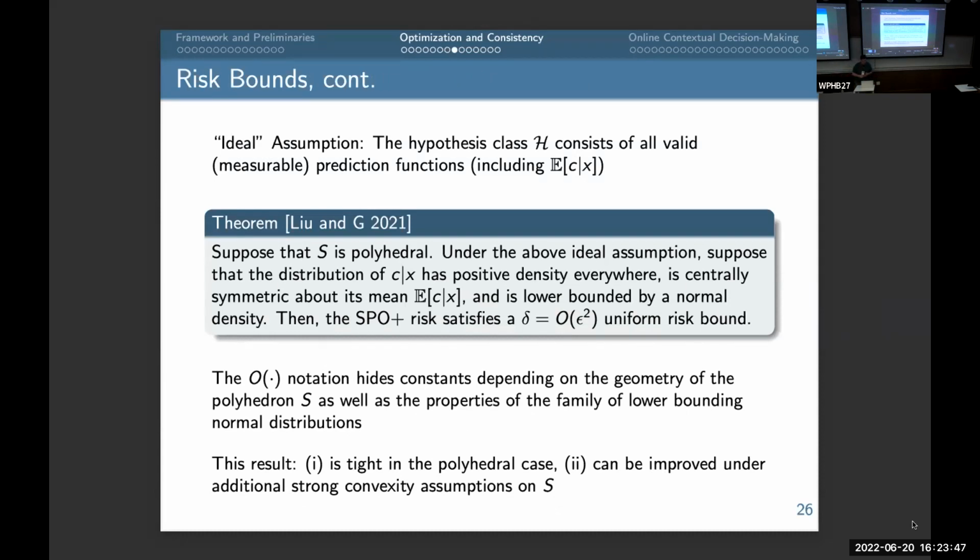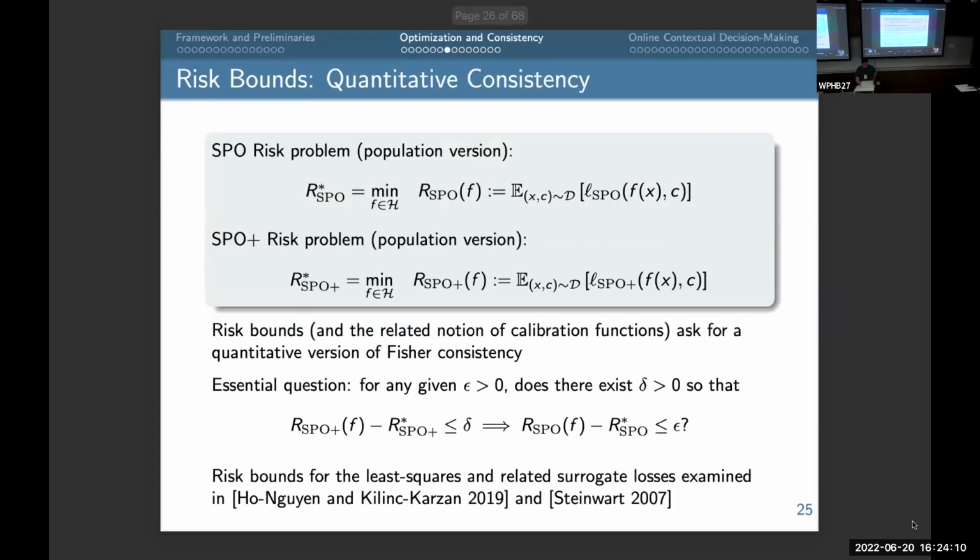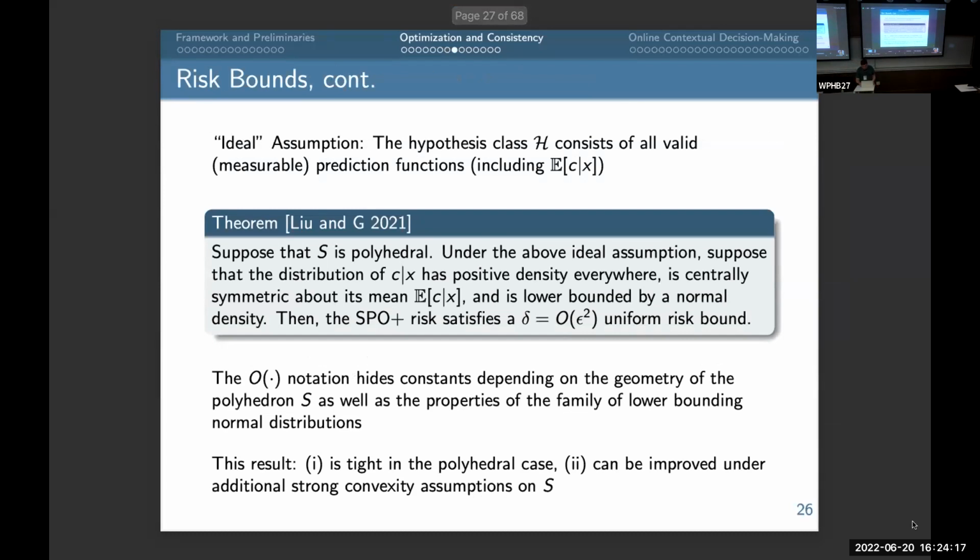So basically, in the polyhedral case, again, under the same assumptions that Adam and I made, plus a few additional assumptions on the structure of the distribution, we showed that the SPO plus risk satisfies a risk bound like this with delta scaling like order epsilon squared, meaning that if you want the excess SPO risk to be less than or equal to epsilon, you need delta equal to epsilon squared.